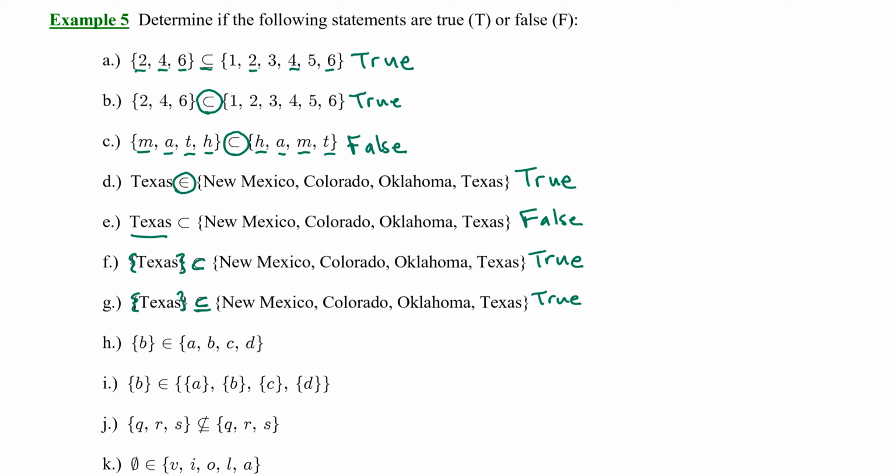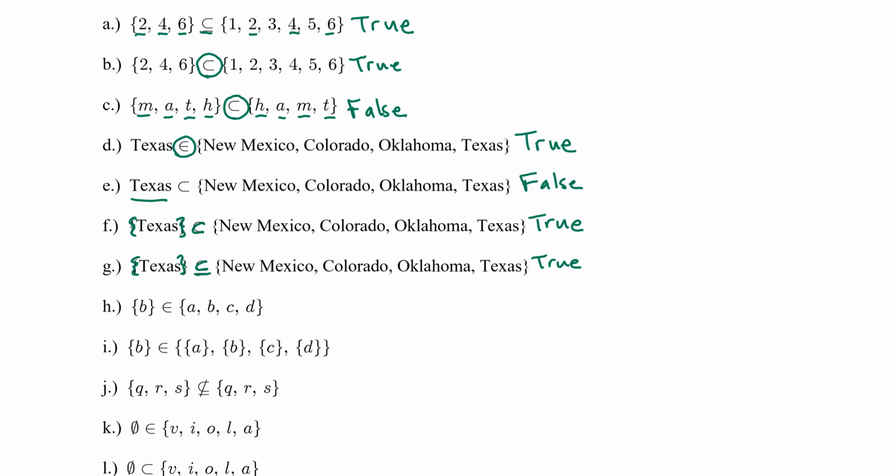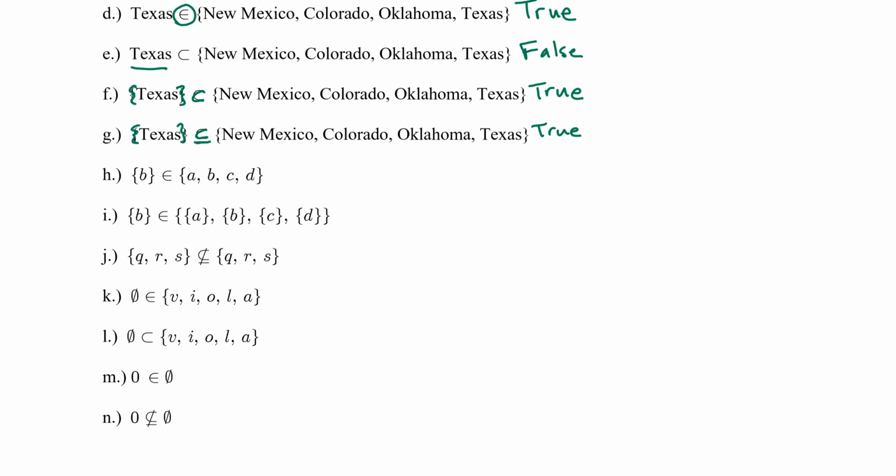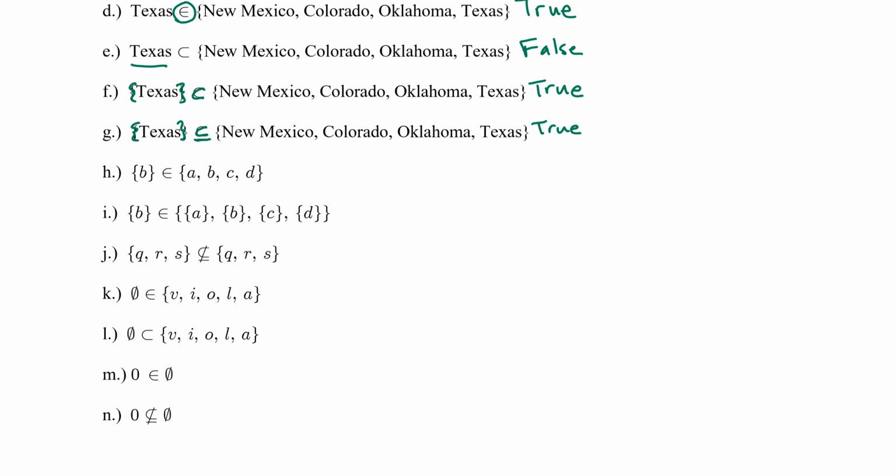That is also true. How you doing so far? Some of these subtle differences can really trip you up, so you've got to look at the details. Example H. The set B is an element of the set containing A, B, C, D. Now, look carefully. I see a B over here, and I see a B over here.